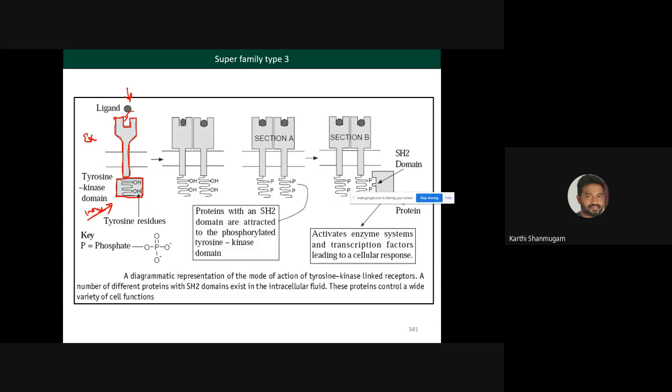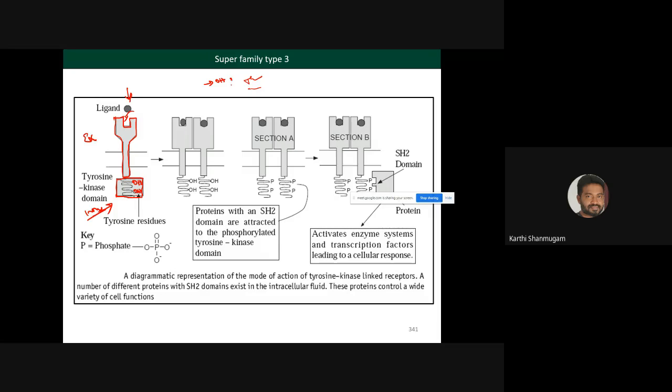Here you can see it is represented as OH, which means those are places with amino acids having an OH side chain. I hope you know which amino acids have an OH side chain, such as tyrosine and serine.